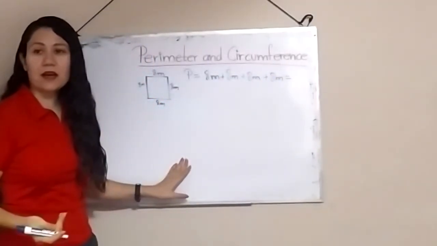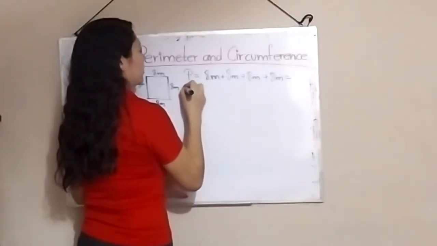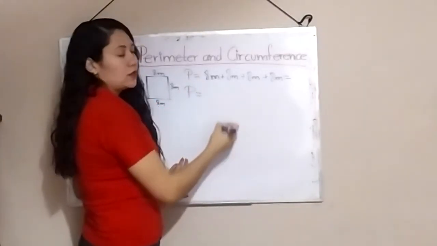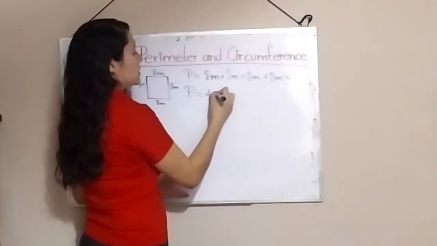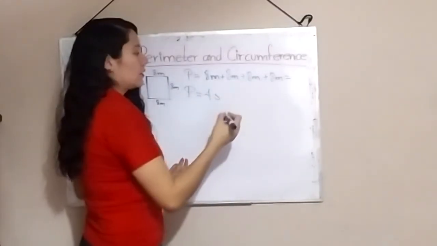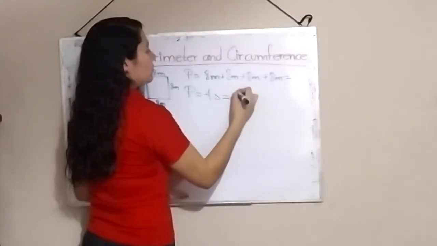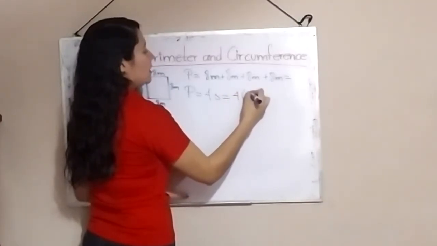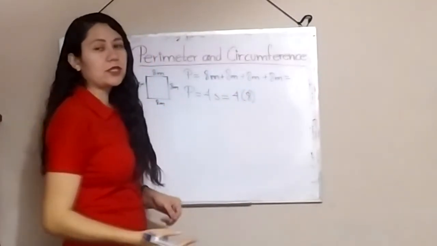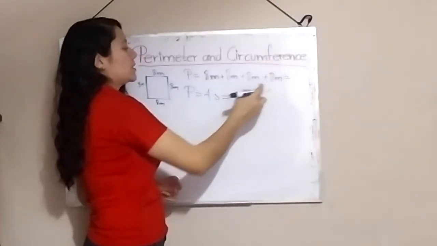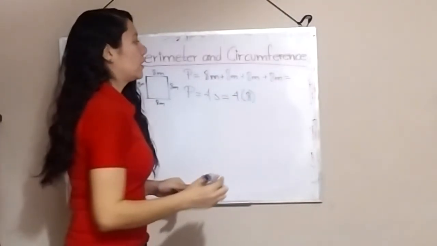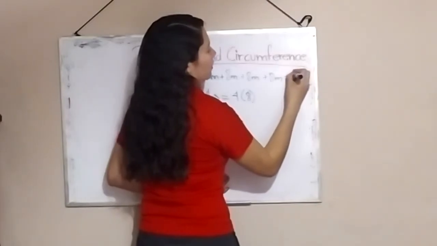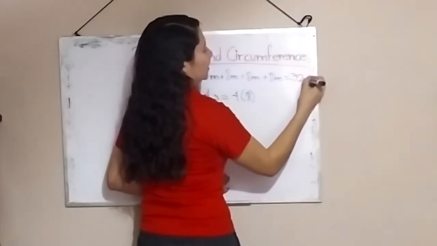The formula we have in the presentation says the perimeter is equal to 4 times the side. This is equal to 4 times 8. How much is 8 plus 8 plus 8 plus 8 meters? It is 32 meters.